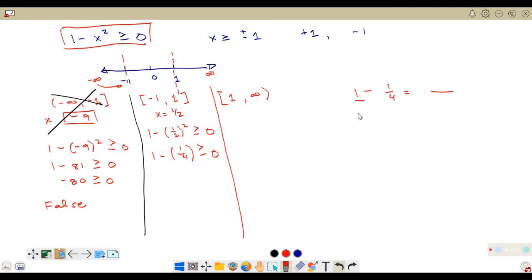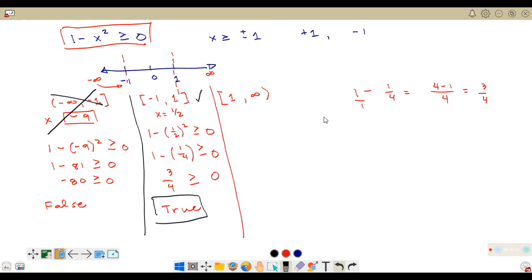So, we have 4 minus 1, we have 3 over 4. So, 3 over 4, is this greater than or equal to 0? Yes, it satisfies the equation. This is true. So, kung true siya, kasali tong interval na to.